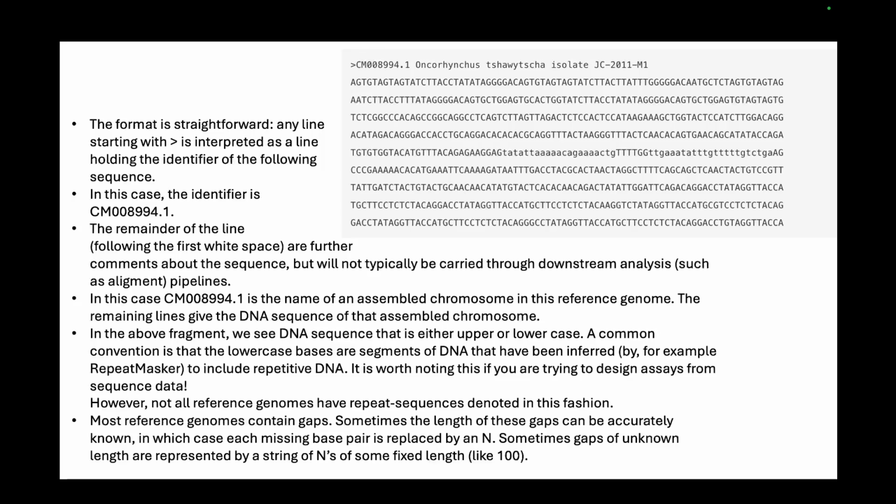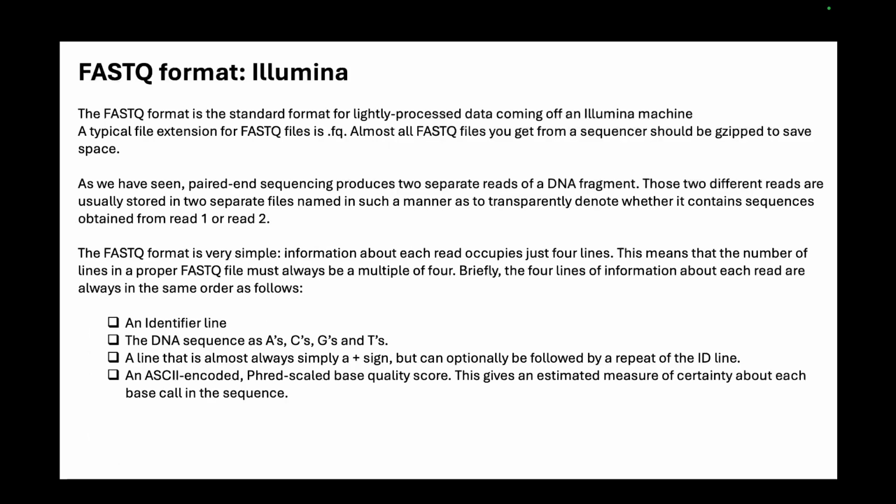You do not have any idea about that. So FASTA format will only be used for sequences that we are 100% confident of. In most cases, these are reference genomes, as I was saying, but the quality scores are not associated in the FASTA format.